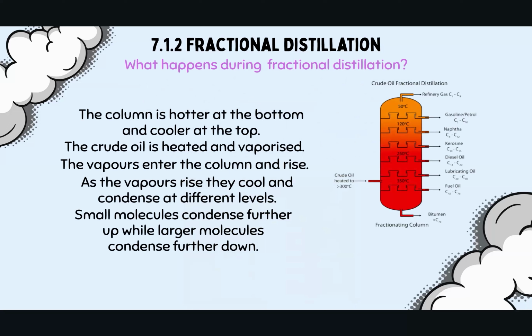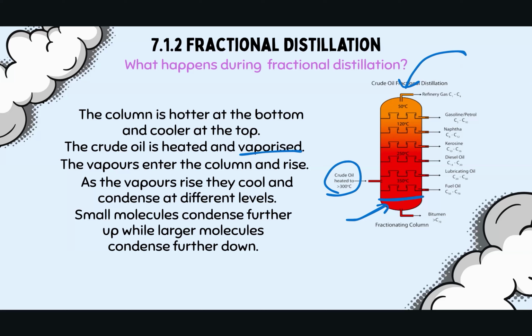The column is hotter at the bottom and it's cooler at the top. The crude oil enters from here at over 300 degrees, so it's heated and vaporized. In other words, it's turned into a gas. So the temperature is taken so high that everything inside it turns to a gas, except bitumen, which is still a liquid.